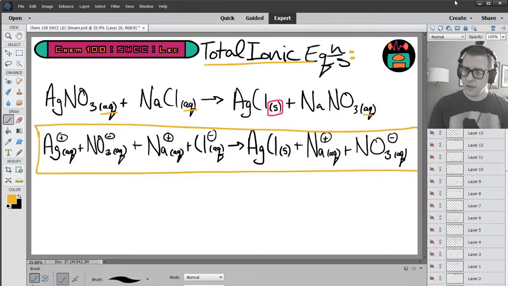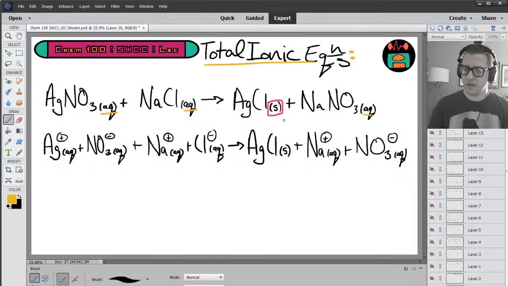Now, I want you to notice something about this total ionic equation. You'll notice that on the reactant side, you have 1 mole of sodium cations, and on the product side, you have 1 mole of sodium cations.